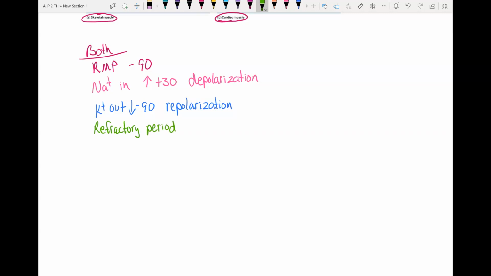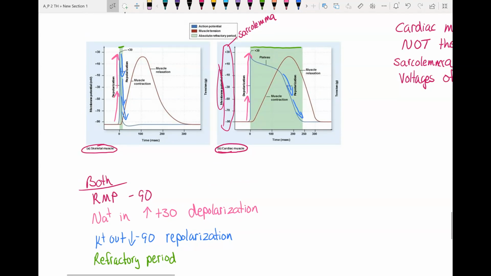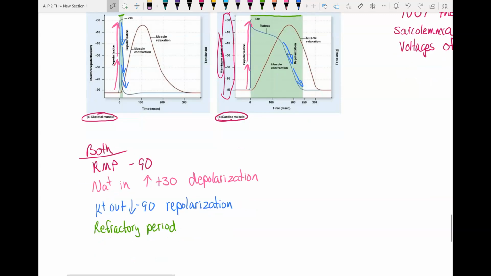Okay, remember in chapter 12 learning about how the action potential moves along the axon and it has to move forward, it can't move backwards. And the reason it can't move backwards is that the sodium gates become locked. Right? Refractory period is the time during which you cannot have another action potential.